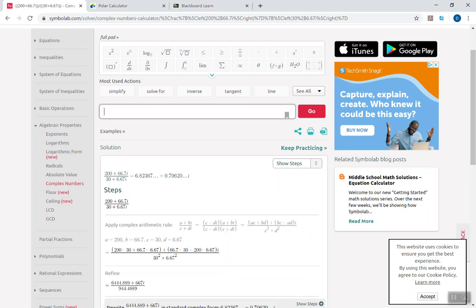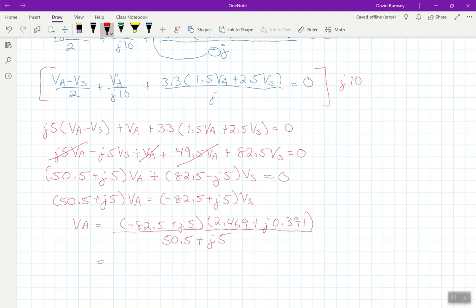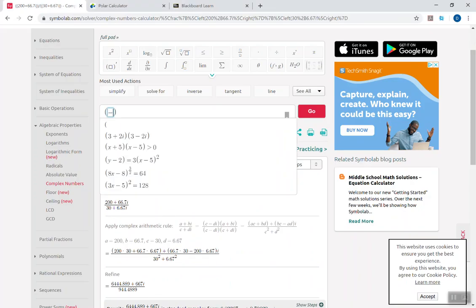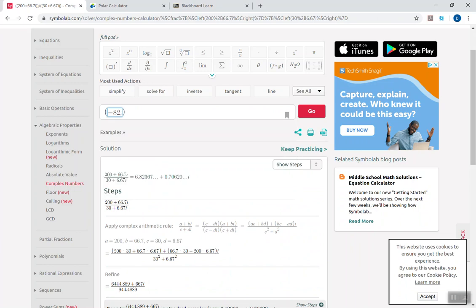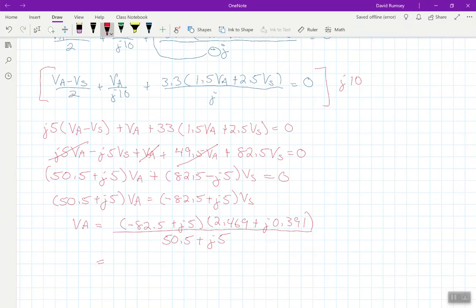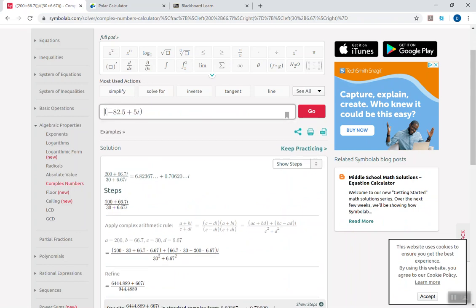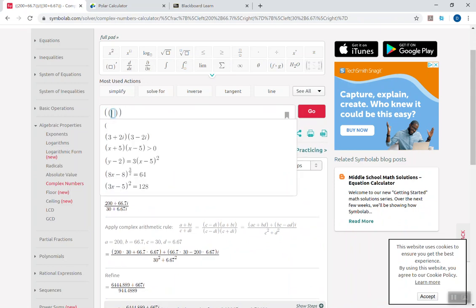So we get rid of that. So we have minus 82.5 plus 5i. Actually, I should put another parenthesis out in front of this. Here, let me start this over here, because that's the numerator.